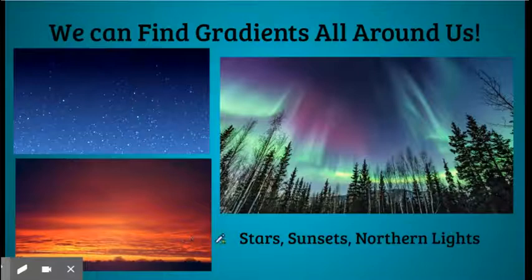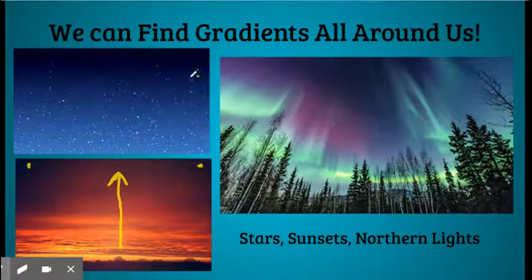So the gradient we would say is a gradient of yellow, orange, and red. Maybe even a little bit of black because of these little black corners out here. But whenever we describe a gradient, we want to describe the colors that we see that are blending.